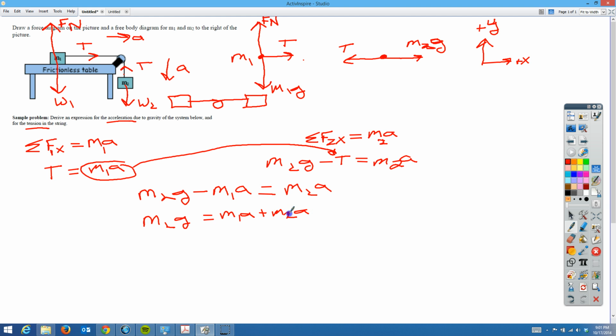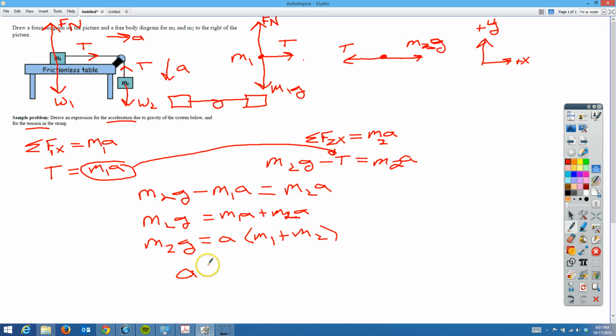And now we can factor out the a, so m2g is equal to a times m1 plus m2. If we want a by itself, we need to divide both sides by m1 plus m2.